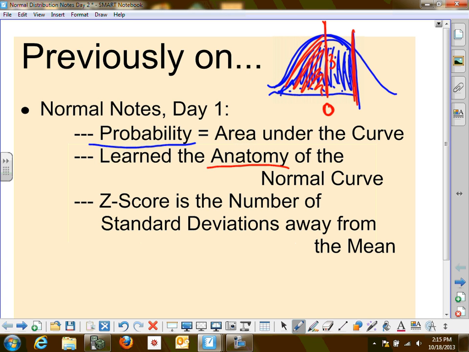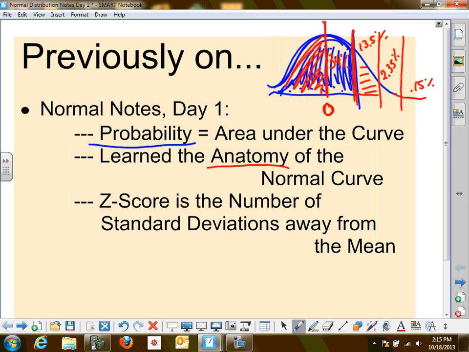Good, you remember is 34%. How much is between 1 and 2 standard deviations? This area here, 13.5%. And then from 2 to 3, 2.35%. And then finally, over here, what was our outside of 3? 0.15%. Okay, so those are the values we came up with yesterday.